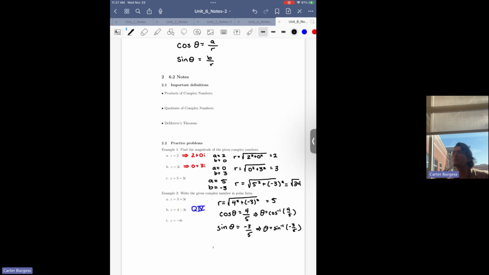There's something more specific about our inverse trig functions and where we are looking right now that will clue us into which of these thetas is the correct one. We're in the fourth quadrant, and so which of these two statements, cosine inverse of 4/5 or sine inverse of -3/5, represents a fourth quadrant angle?